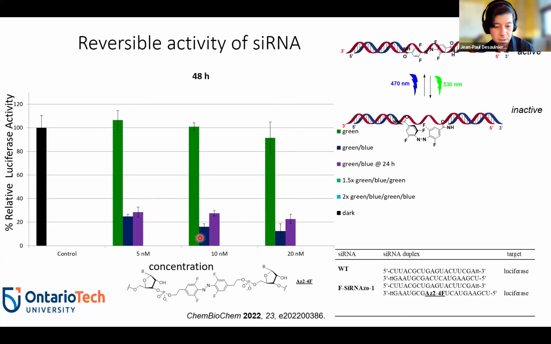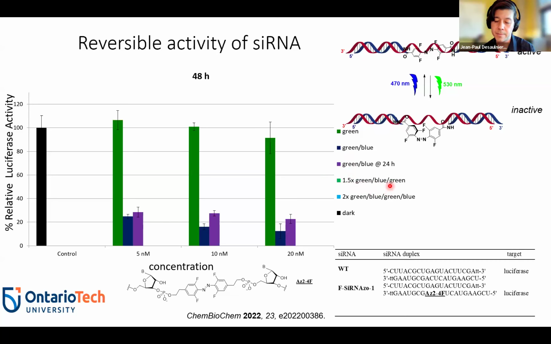It's not as pronounced as these dark blue, but that's expected because these RNAs have been through a more prolonged period of inactive form. And then we wanted to do this 1.5, so 1.5 cycles, green, blue, green, which is similar to that UV-vis that I showed previously. So inactive, active, inactive.